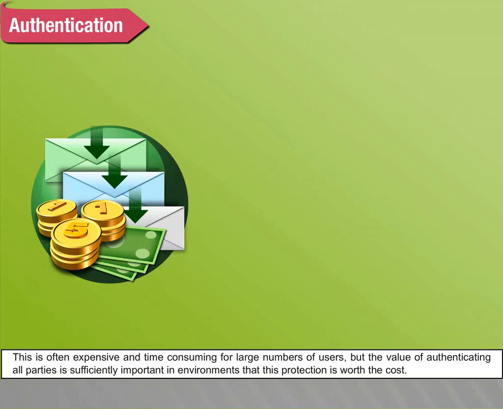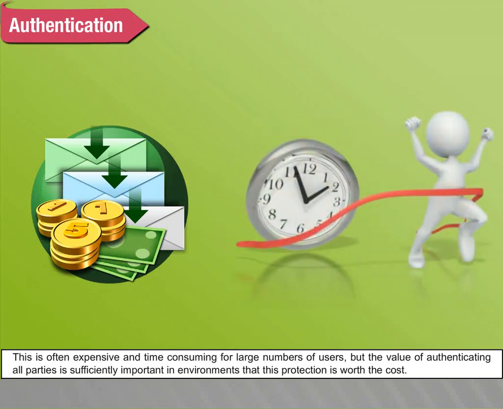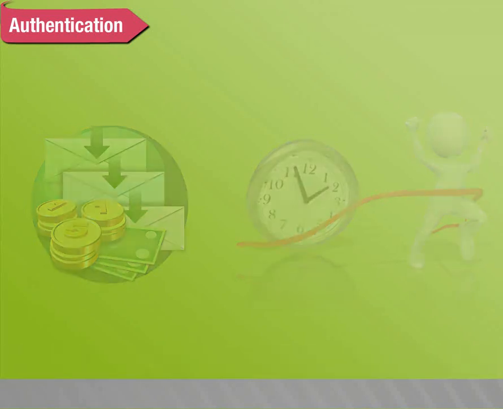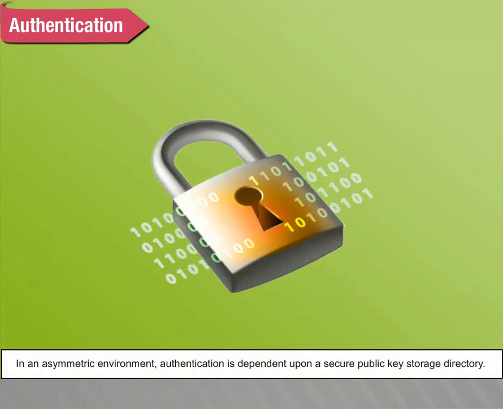This is often expensive and time-consuming for a large number of users, but the value of authenticating all parties is sufficiently important in some environments that this protection is worth the cost. In an asymmetric environment, authentication is dependent upon a secure public key storage directory.